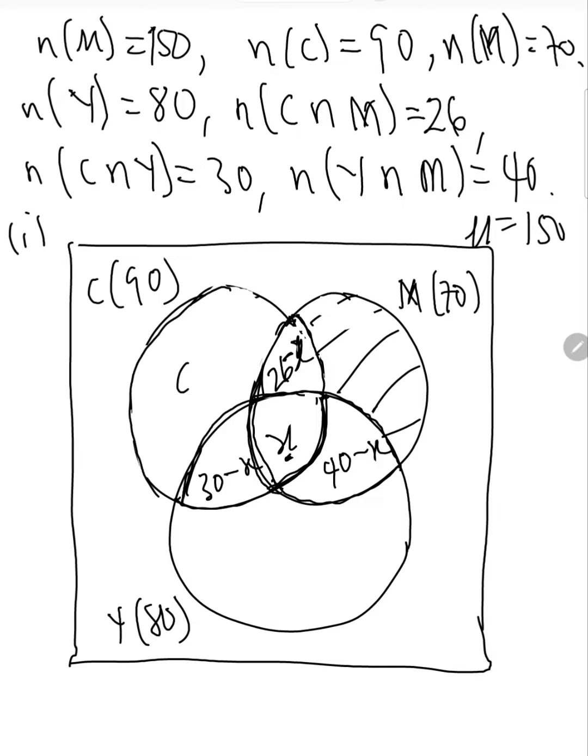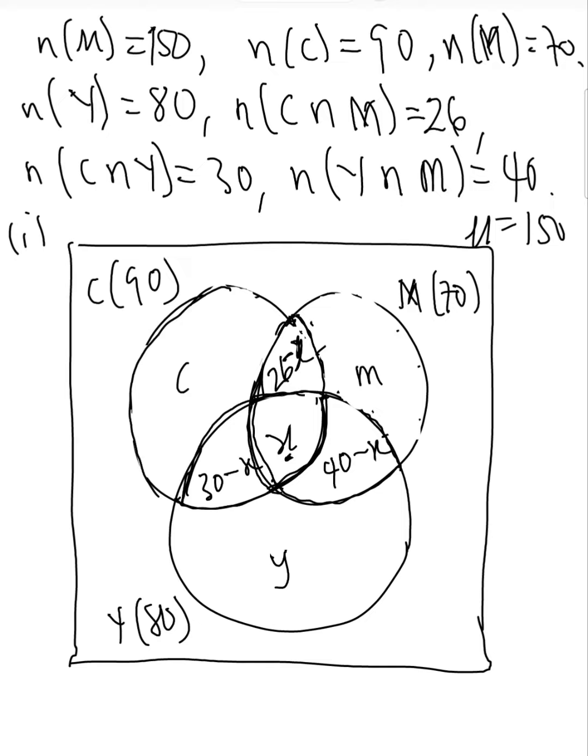So I'll also represent this portion with small m. Then here with small y, with the same explanation. Okay, so this is for the I. So we have been able to represent our information on a Venn diagram, which was question I.